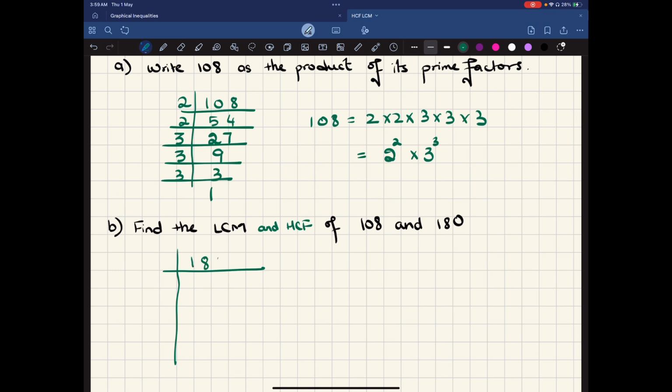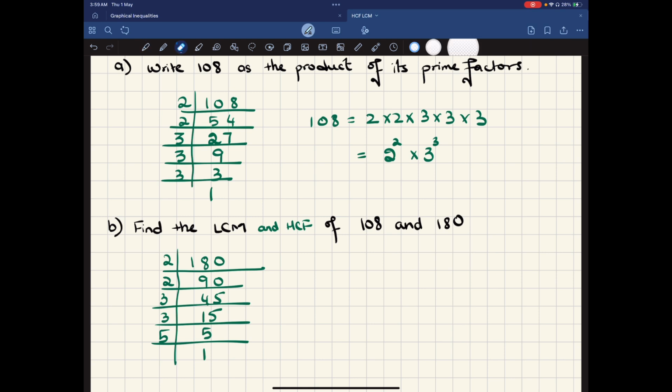Okay, 180, so we'll begin with 2, 90, 45, 15, 5, 1. Okay, so 180 can be expressed as 2 square into 3 square into 5.